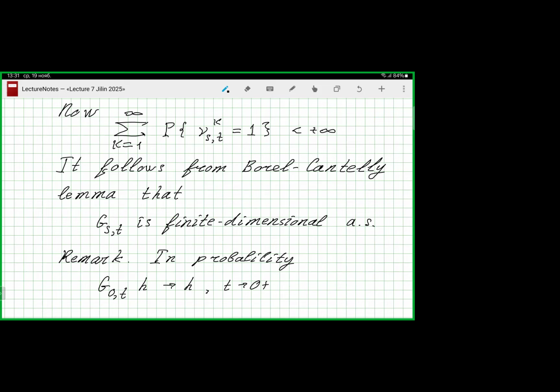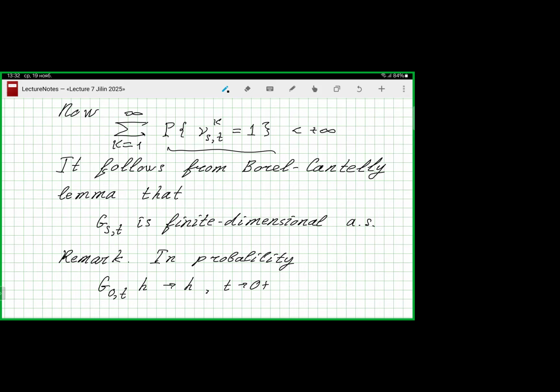So if we have some sequence of random events like we have here, and the probabilities of these events organize a convergence series, then only finite number of such events occurs with probability 1. And here we don't use the independence of these events. Yeah, it is just statement which can be applied to arbitrary sequence of random events.